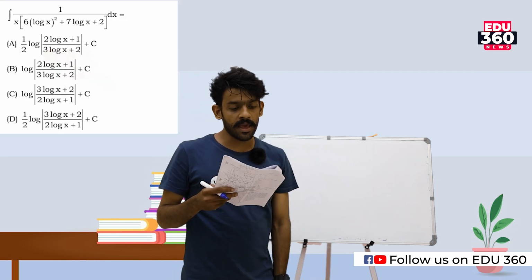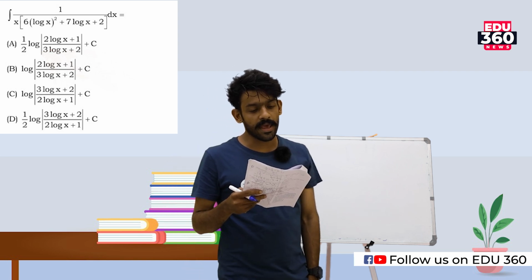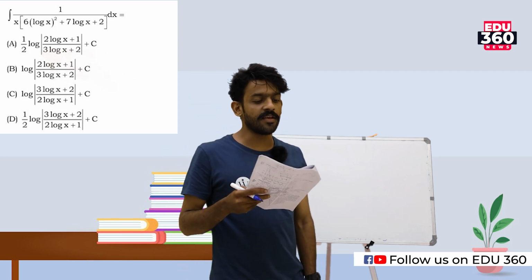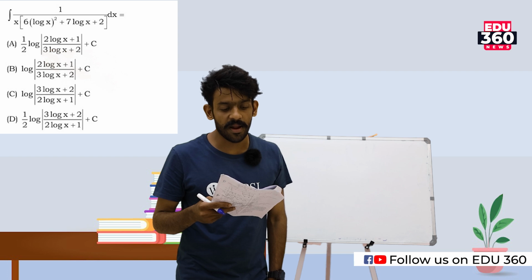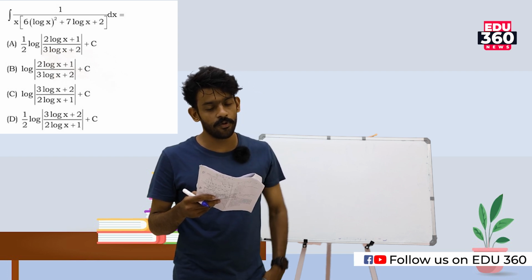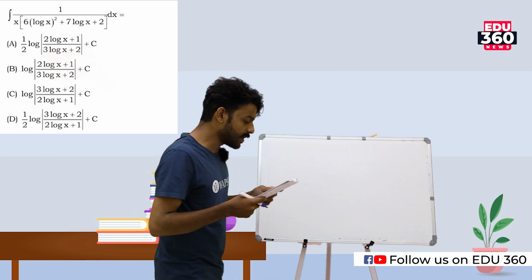Integral of 1 by x into (6 (log x) square plus 7 log x plus 2) dx. Let me write it on the board.